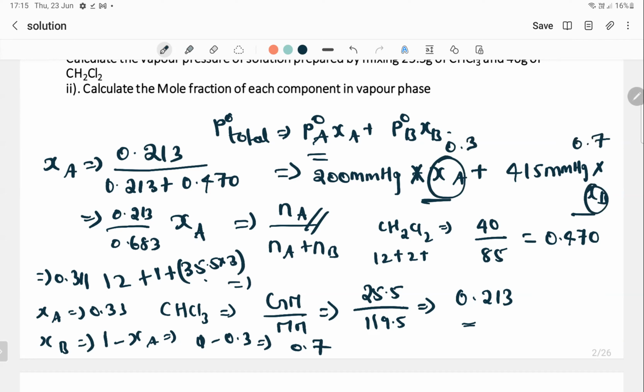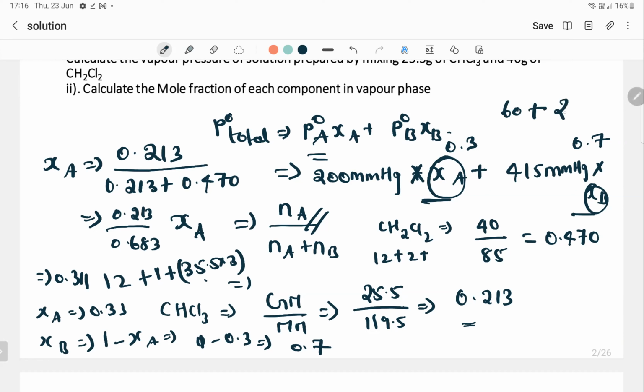So what will be your P total? 200 into 0.3, which is 60, plus 415 into 0.7.